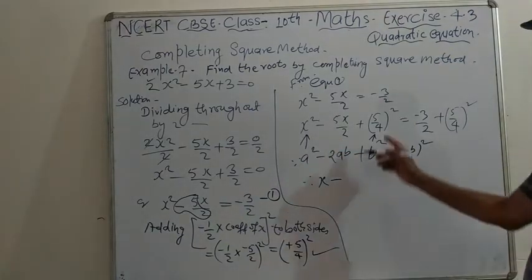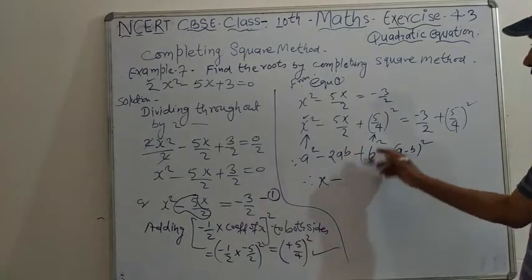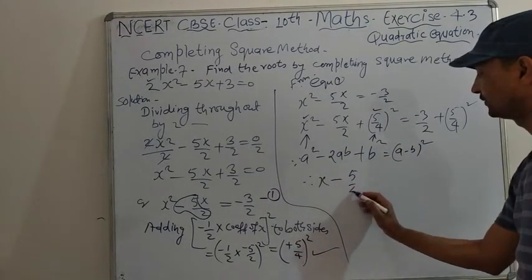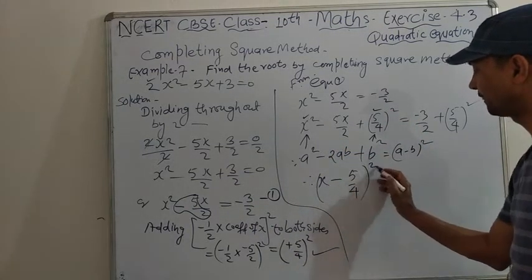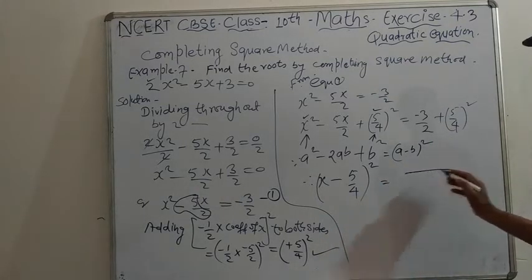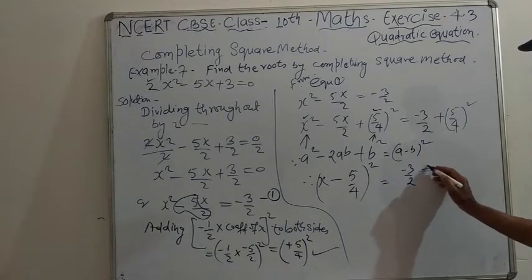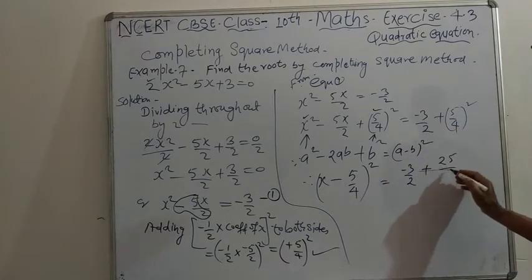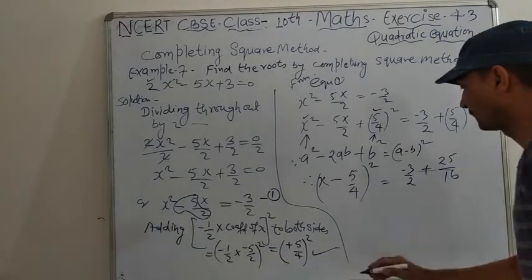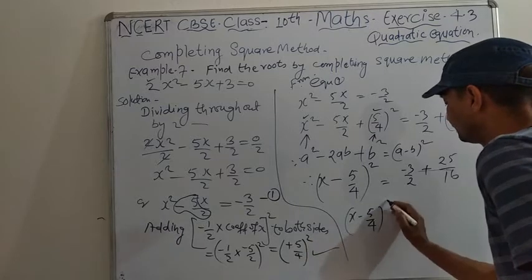So we write x minus 5 by 4 whole square equal to minus 3 by 2 plus 25 by 16, since 5 by 4 square is 25 by 16.